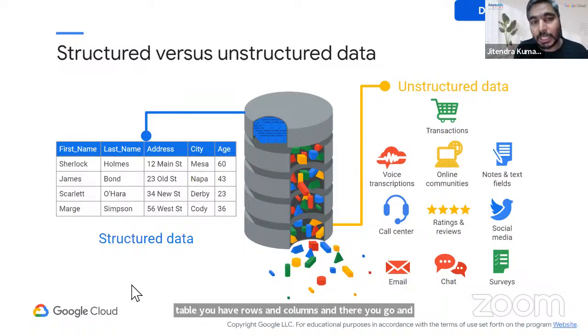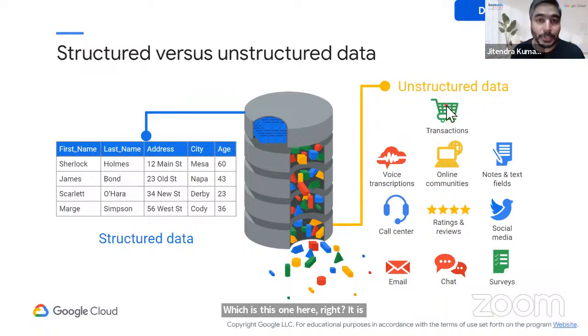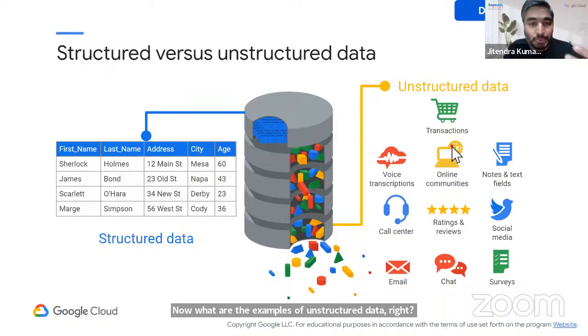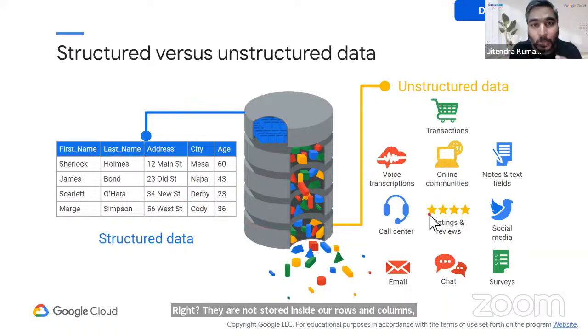But when I am talking about a GCS bucket, I am looking at unstructured data, which is this one here. Examples of unstructured data: transactions, backup copies, text files, images, videos, your email backups, your chat backups. All of this is unstructured data, right? They are not stored inside rows and columns, but they are stored as an object, as a lump of bits and bytes.